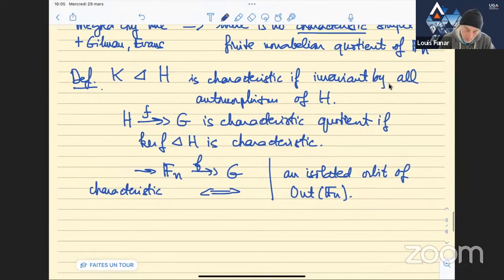That would be the opposite situation with respect to big orbits.